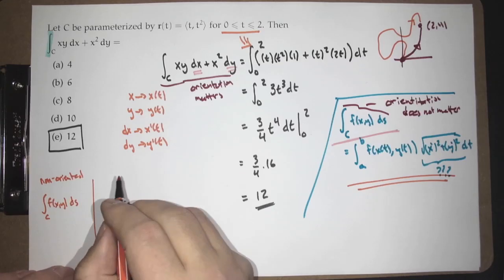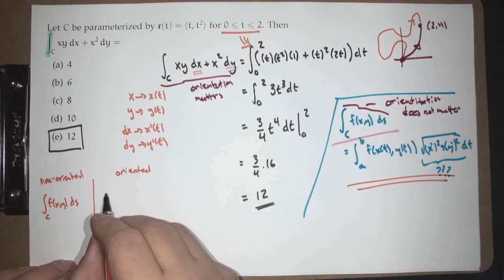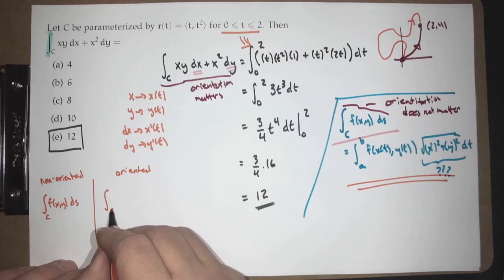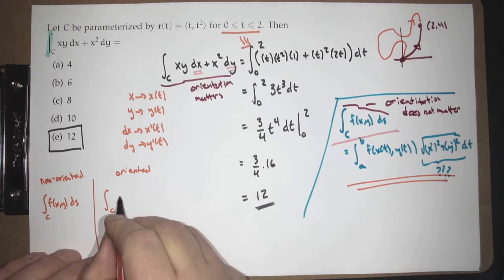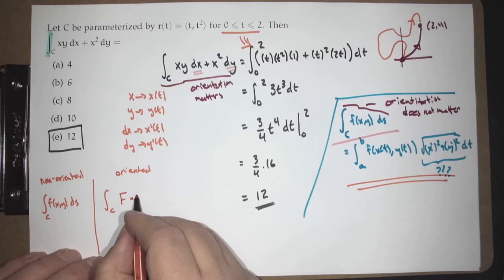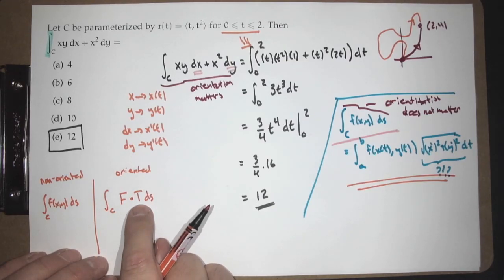The oriented camp, there's several notations. The one we started out with, these are all just different notations. And as a fellow faculty member said, it's annoying that we give them so many different notations for the same thing. But you have f dot T ds, and here T is the tangent vector.